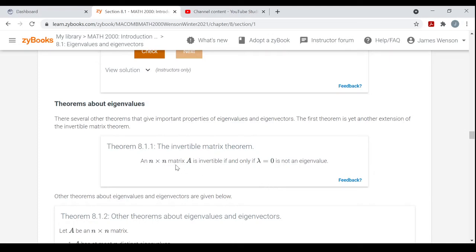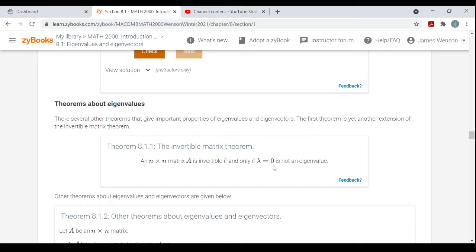An n by n matrix A is invertible if and only if 0 is not an eigenvalue. And one thing we're going to see later is that the determinant of a matrix is equal to the product of all its eigenvalues.